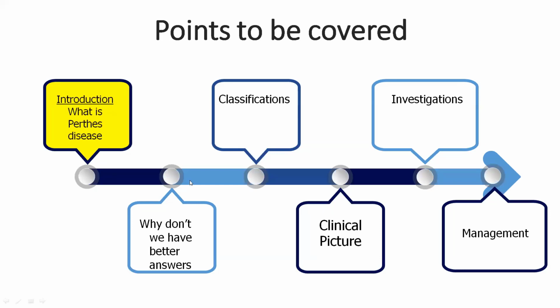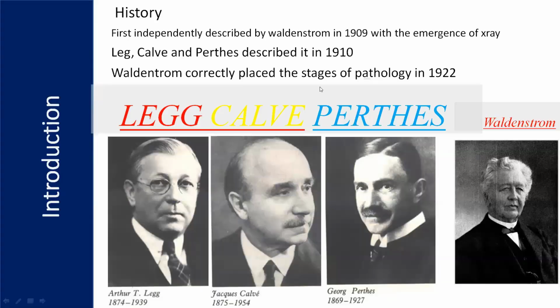So we're going to begin with the introduction. These are the points that we're going to try to cover in this presentation. First, we'll begin with the introduction. So what is Legg-Calvé-Perthes disease? Well, its history: it was first diagnosed independently by Waldenstrom in 1909 with the emergence of X-ray and its use in orthopedics.